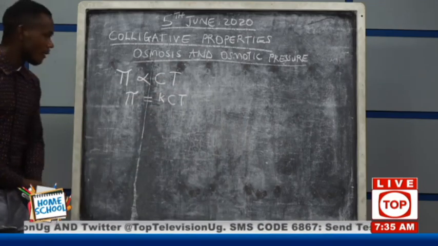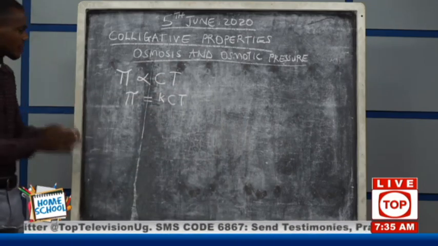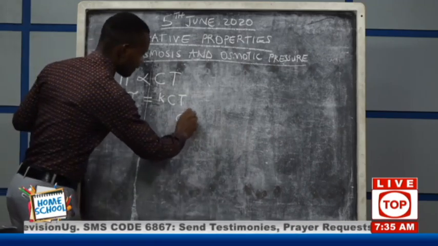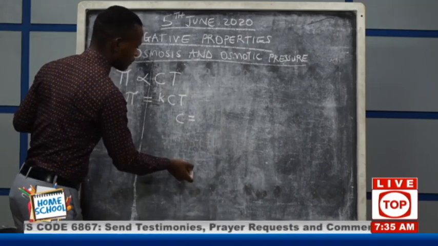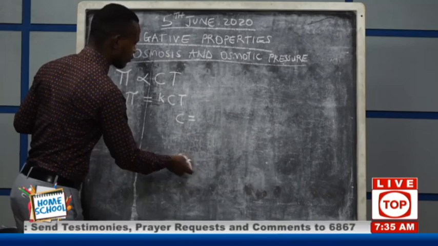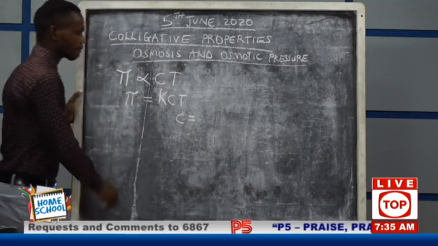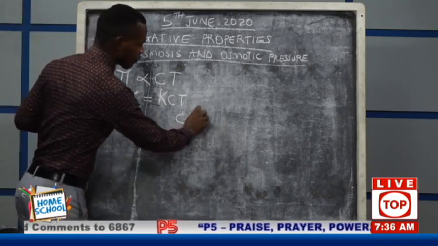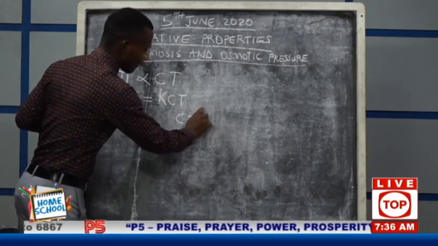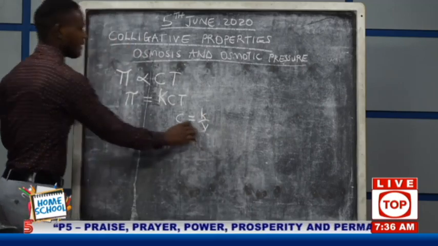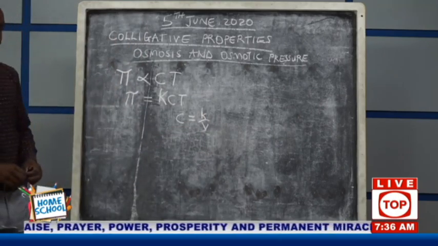But remember, we are just from saying that concentration is equal to, if this is capital K, we shall say concentration is equal to small k over V. That's what we are from seeing, right?